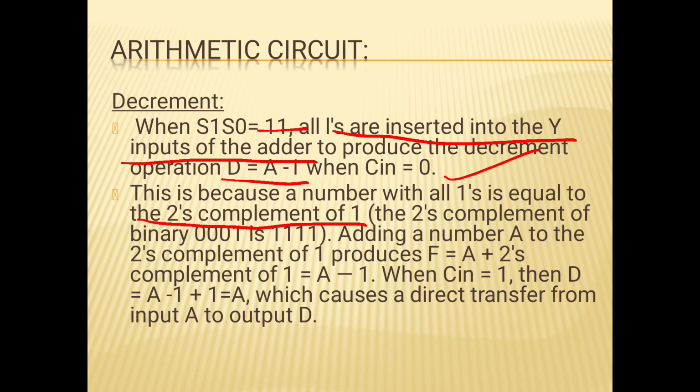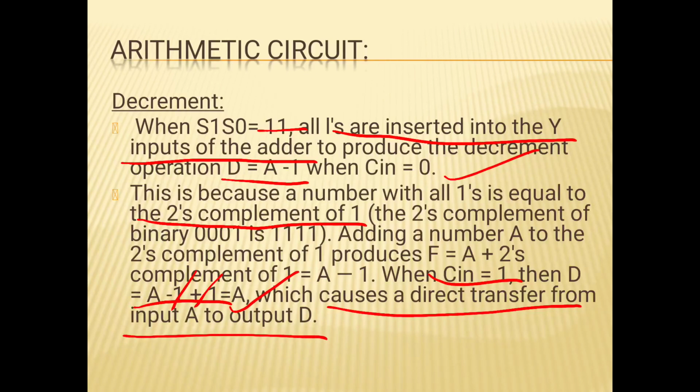Adding a number A to the 2's complement of 1 produces the subtraction process. When Cin equals to 1, then D equals to A plus 1 minus 1. It will cancel the 1 and 1 and it will only transfer the value of A, which causes the direct transfer from the input A to output D.